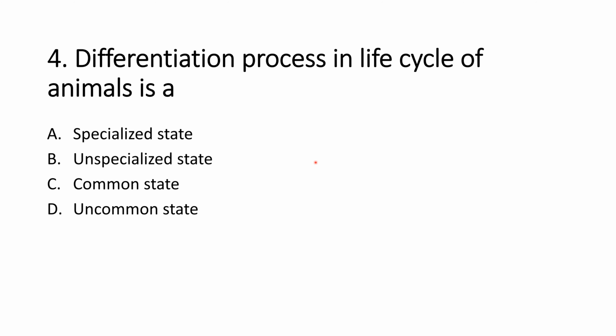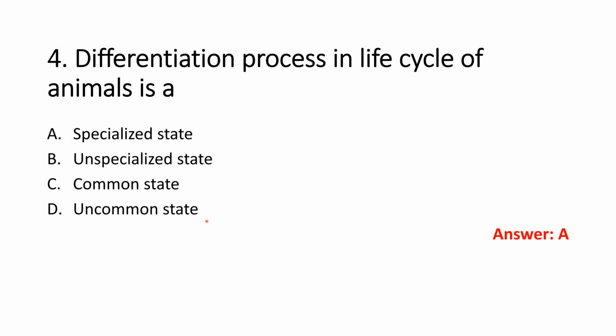Next, the fourth one: the differentiation process in the life cycle of an animal is a, option A, specialized state; option B, unspecialized state; option C, common state; option D, uncommon state. Answer is A. The differentiation process in the life cycle of animals is the process by which cells become specialized to perform specific functions.